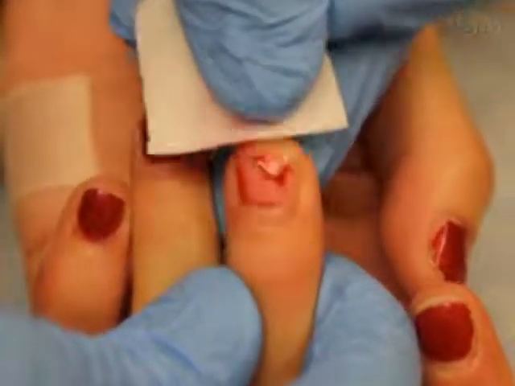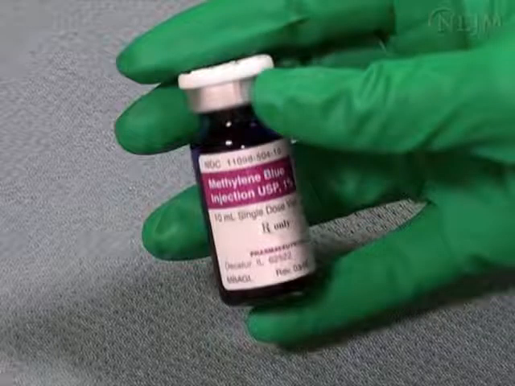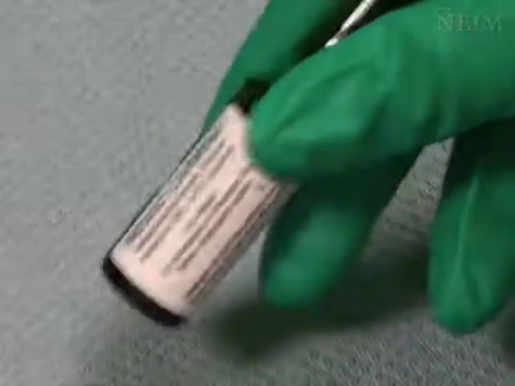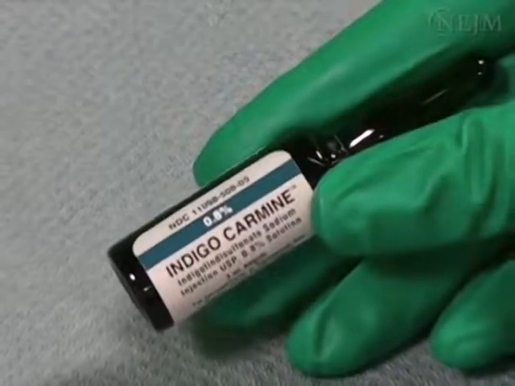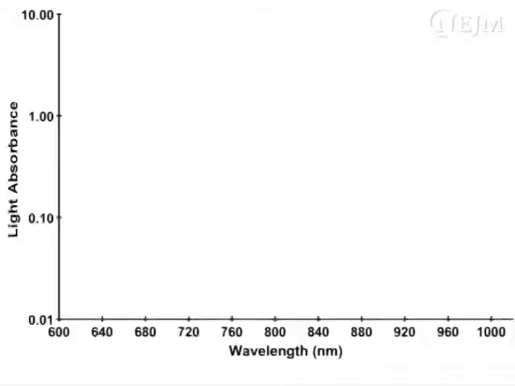This problem can be avoided by removing the nail polish. The presence of intravascular dyes such as methylene blue or indigo carmine may alter the red and infrared light absorption properties of the blood and tissues, also resulting in an inaccurate reading.